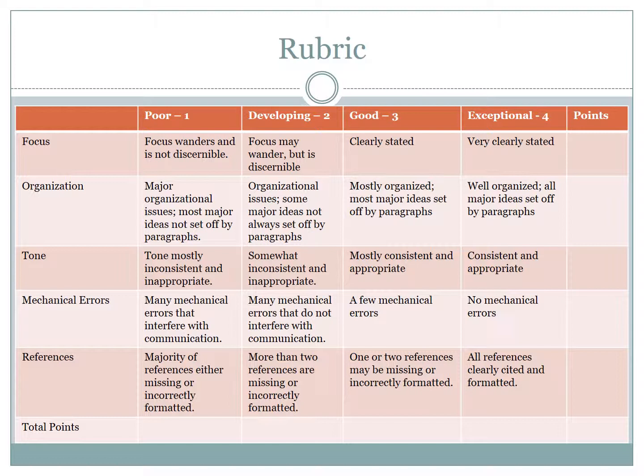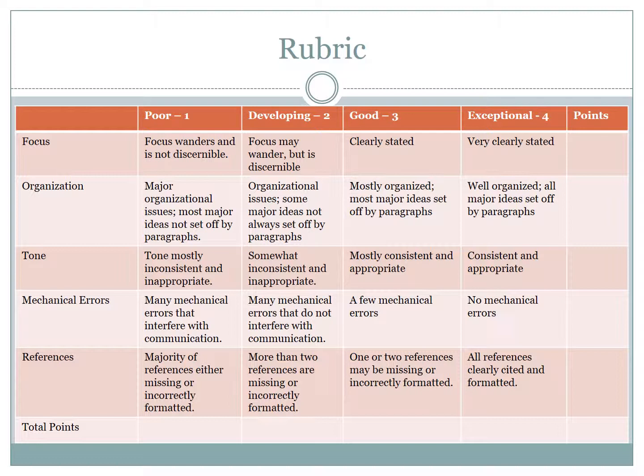A rubric, on the other hand, contains very specific wording for each level. And so you still have the criteria, what's important, running down the side: focused organization, tone, mechanical errors, etc. And you still have levels called indicator levels running across the top. Generally, we rank these from smallest to greatest, or from poorest to best.